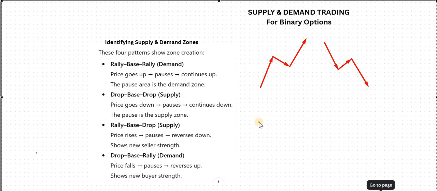So for a ranging market, we have the rally, which is the up, the base, and the drop. Likewise, we have the drop, the base, and the rally. These are the shapes that you get.